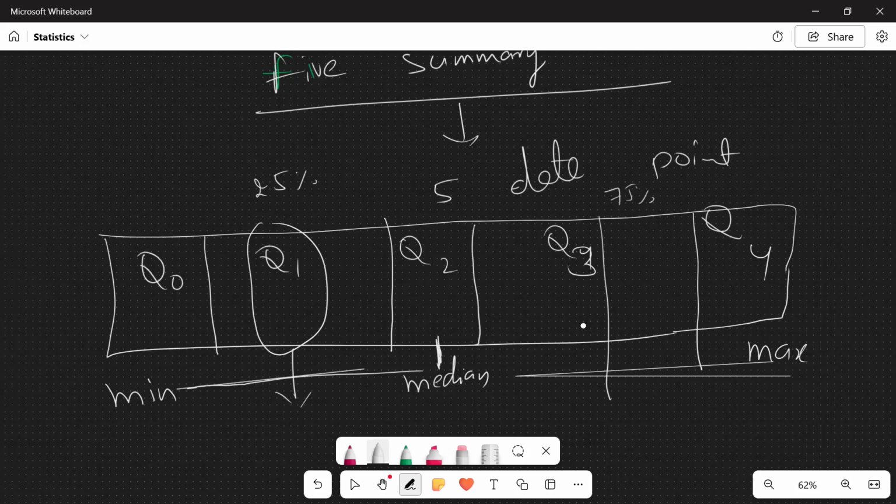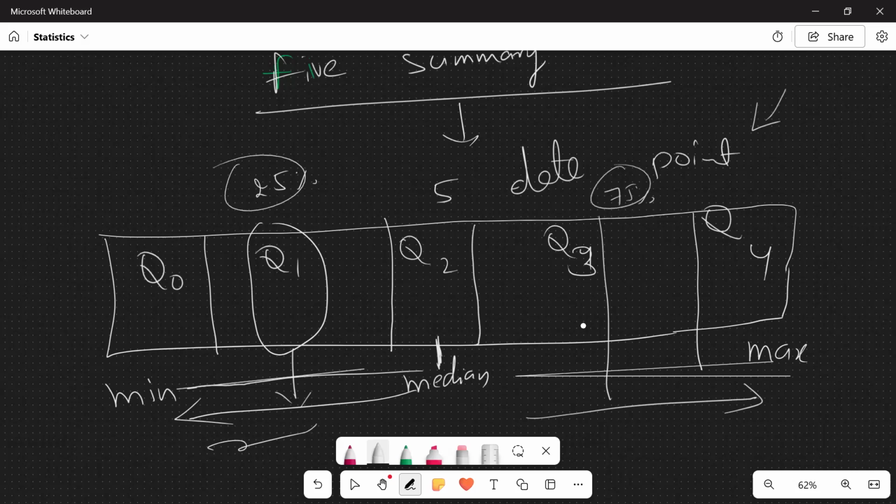But actually it's 50% from the lower half and 50% from the upper half. When you consider the whole data, it will be 25 and 75. Got it? Taking the 25th percentile means, in the lower half, the middle value. Say you have 100 rupees.